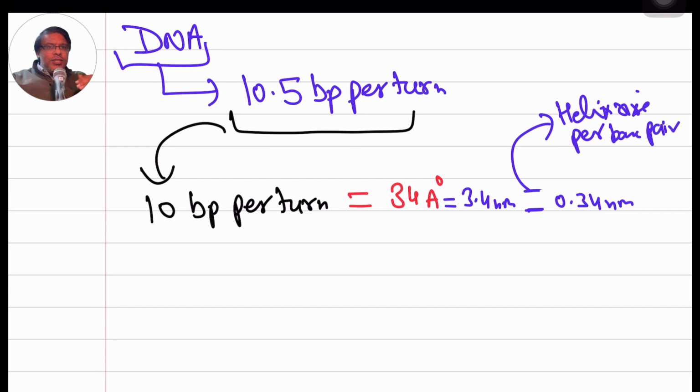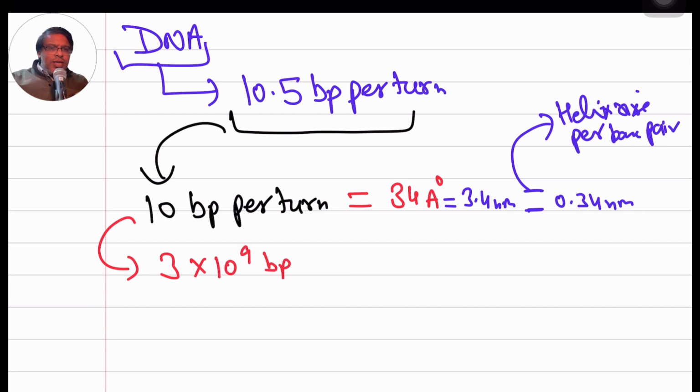This is also known as helix rise per base pair.